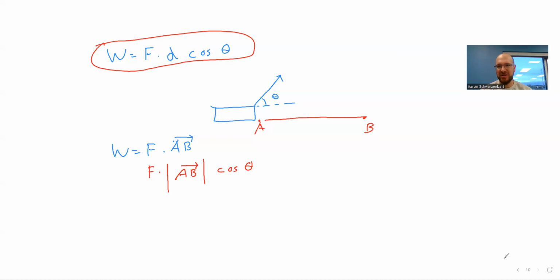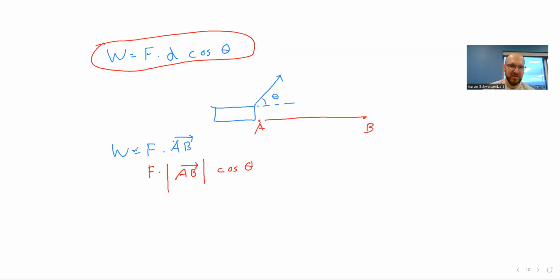And we talk about work done on an object. So technically, if an object is not moving, no work is being done on it, okay? We don't talk about the work you do, we talk about the work done on objects, or potentially the work done on you as you get pushed or pulled or whatever.